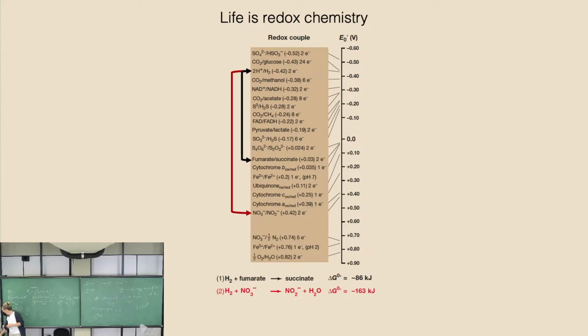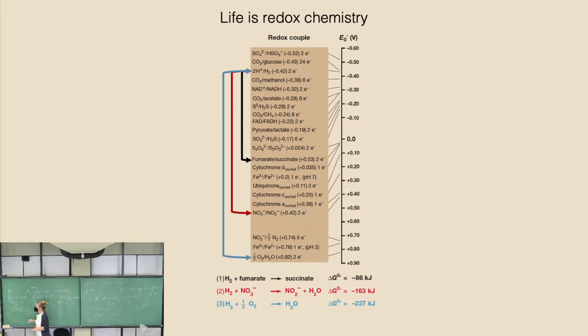But hydrogen can also react with nitrates, and again, this gives an even larger free energy. But of course, the biggest free energy is when hydrogen reacts with oxygen in the formation of water, and you get a delta G of, we can write it here, kilojoules.